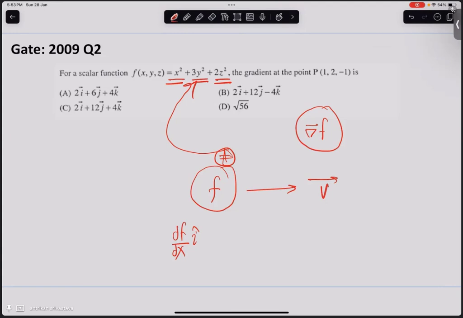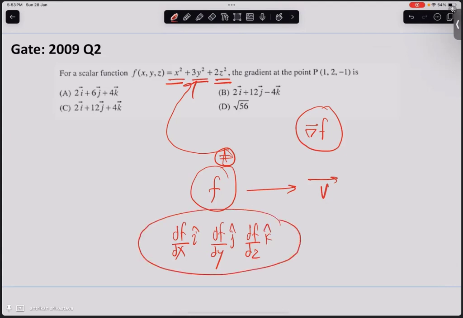Then you differentiate the function with another variable and put it into another component, and then you differentiate the function with another variable and put it into another component. So this is what gradient does. Gradient converts your function or a scalar to a vector.